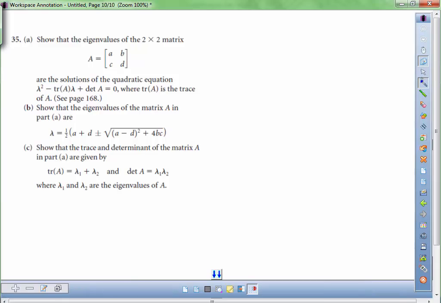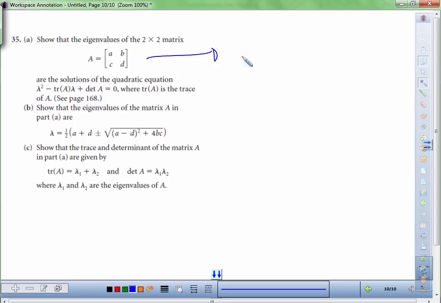All right, so real quick, let's find the eigenvalues of this. This is number 35 in the book if you want to follow through it. So A minus lambda, we want to do the subtraction. We get A minus lambda, B, C, and then D minus lambda.